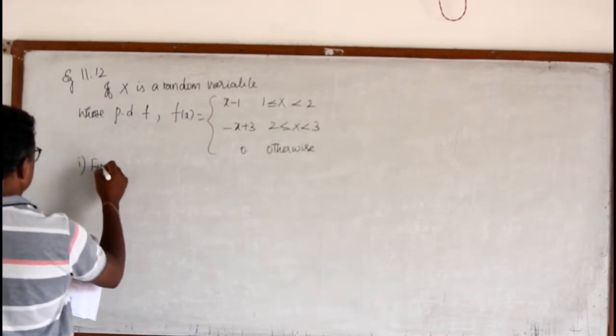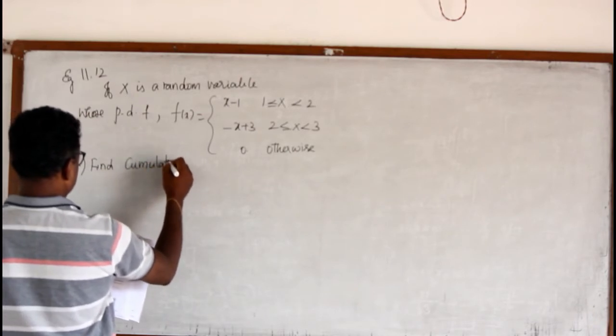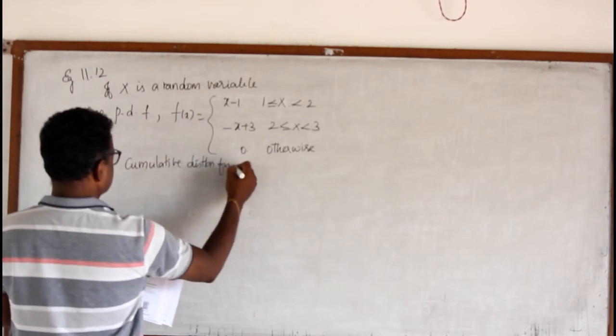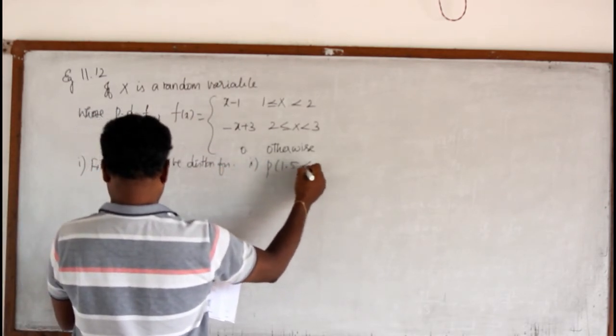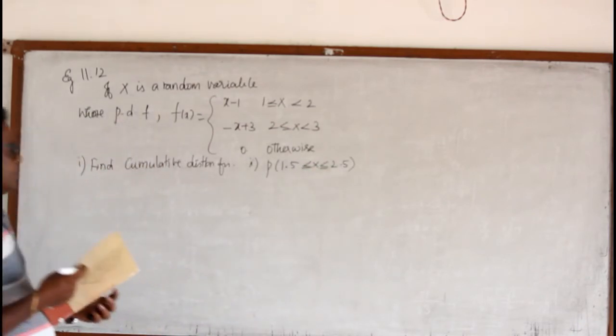Find first question, the cumulative distribution function. Second question, the probability of 1.5 less than or equal to x less than or equal to 2.5.